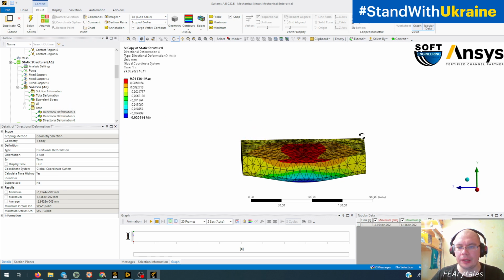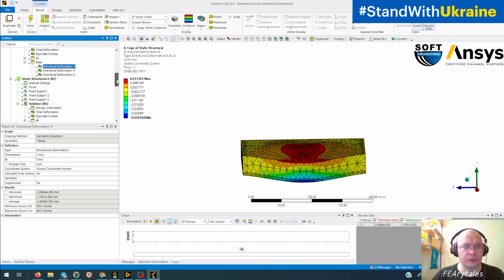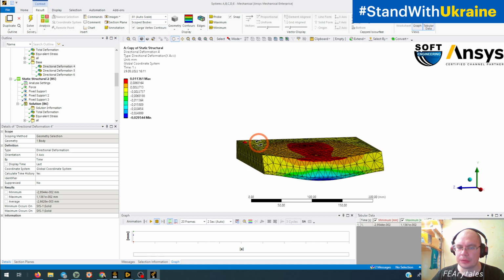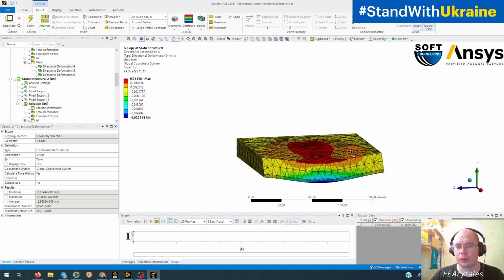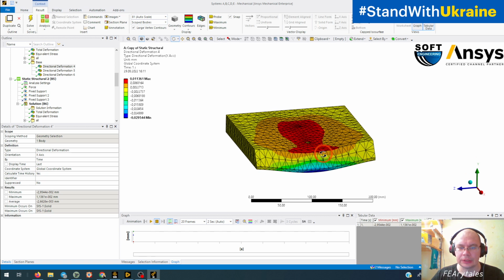So we can apply some different types of statements and boundary conditions, and let's take a look at what it changes in our results.